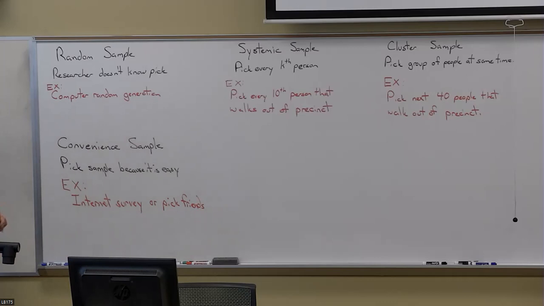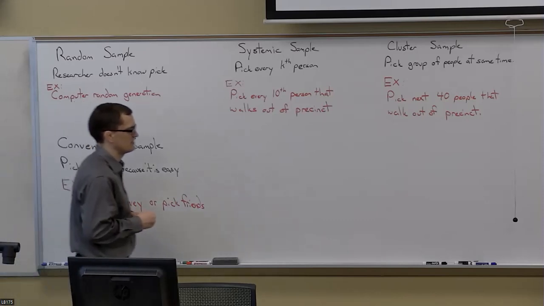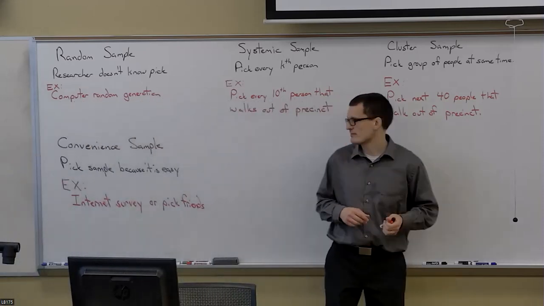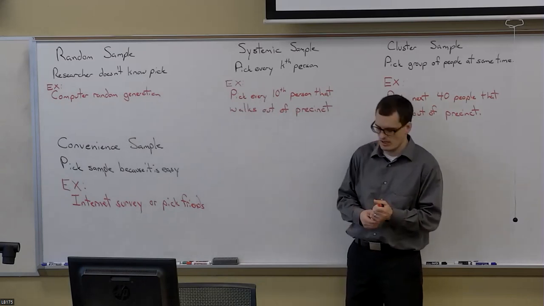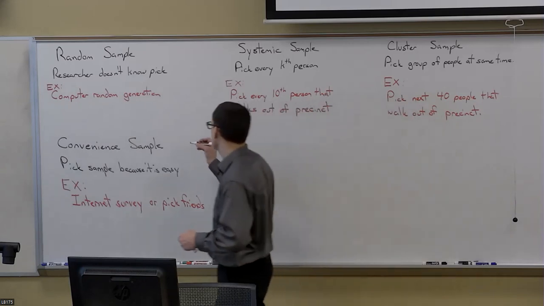Probably they live fairly close to you. They have similar likes and interests and all that stuff. So your friends are probably not representative of a larger population. Okay. So convenience samples are not scientific.